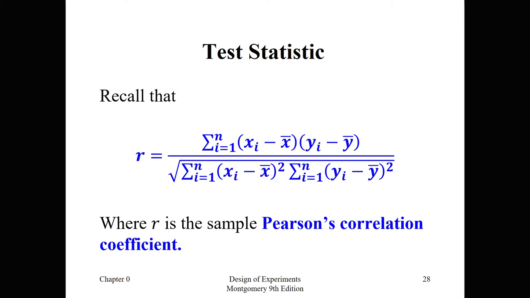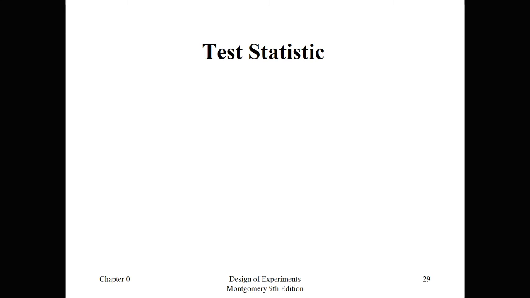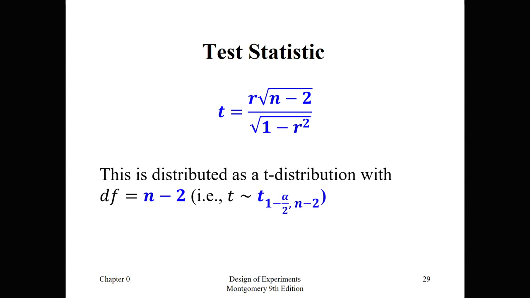It's important because the test statistic for the correlation depends on you being able to calculate the correlation, and we'll demonstrate this in our code when we get to the R section. The test statistic is t equals the correlation times the square root of n minus 2, divided by the square root of 1 minus r squared, and it's distributed as a t-distribution with n minus 2 degrees of freedom.